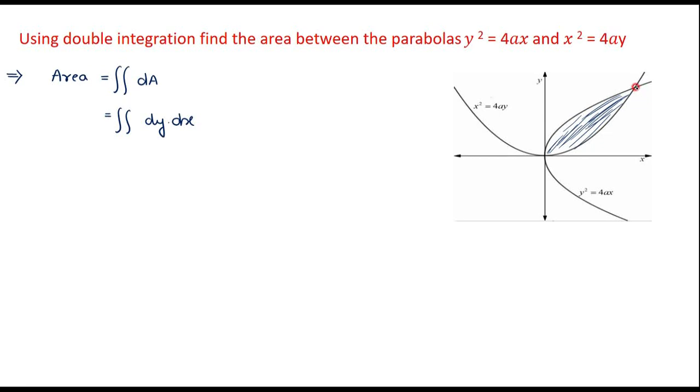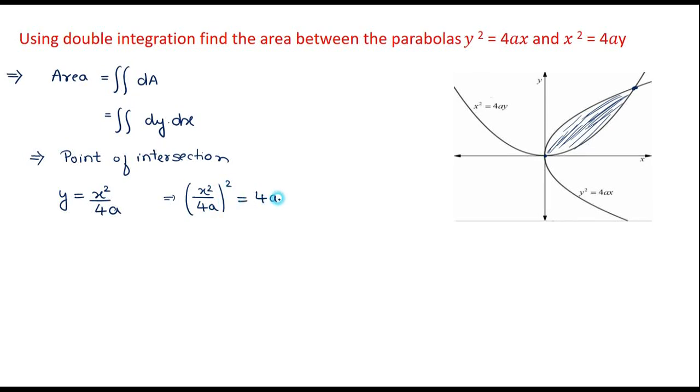For that, first we will find the point of intersection of these two curves by substituting one equation in the other. From the second equation, y is equal to x square by 4a. Substituting in the first equation, x square by 4a the whole square is equal to 4ax.